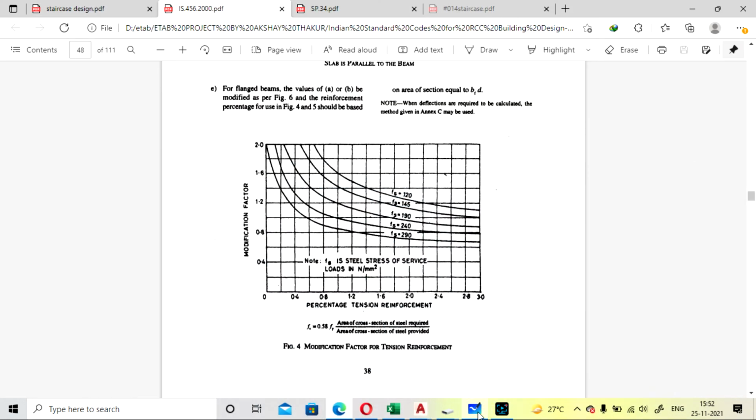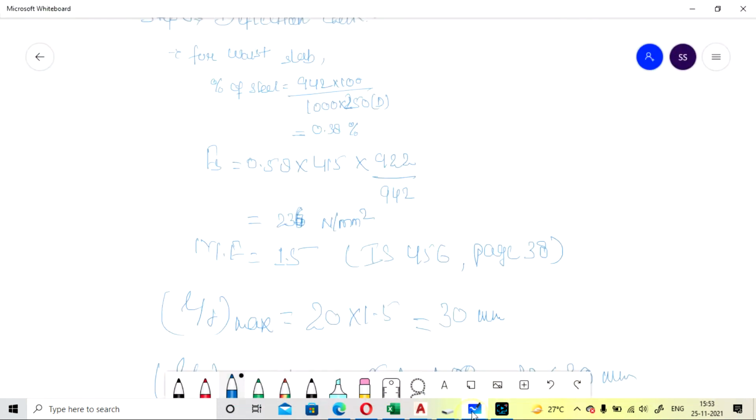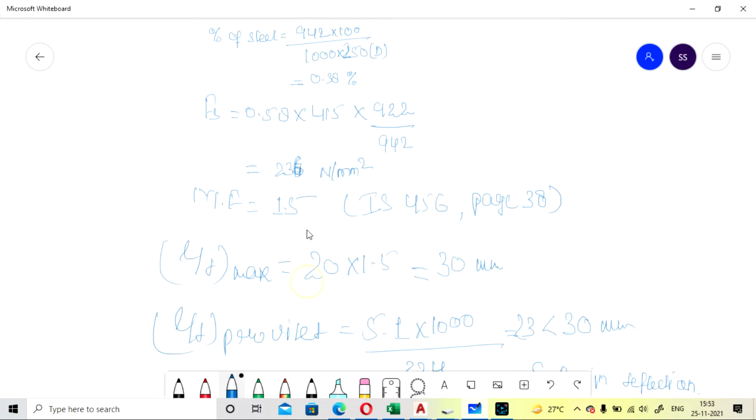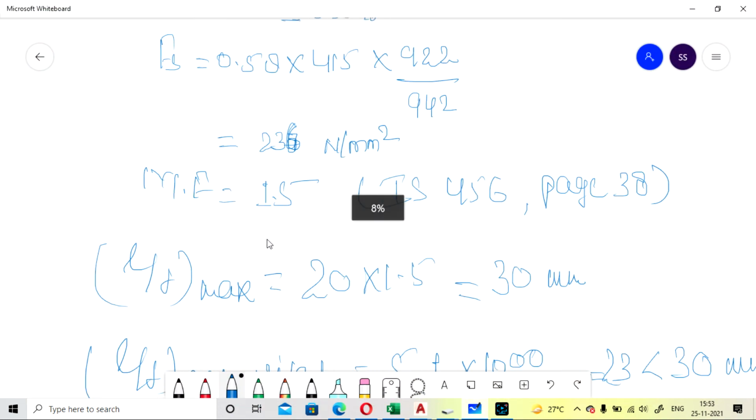So 0.38 will come around here and it will go straight up to 236, so it will come nearby here, so we can take a value of 1.5 from this. So we have taken the value of mf as 1.5.